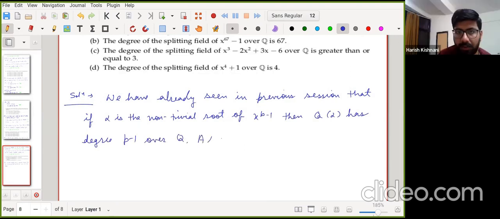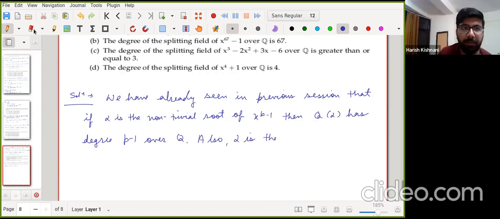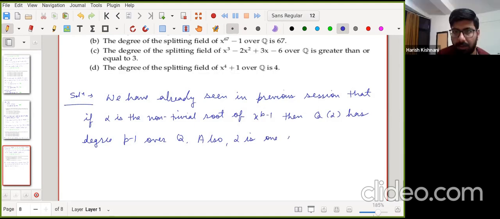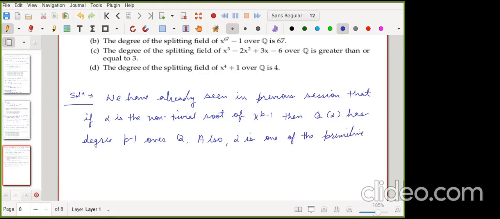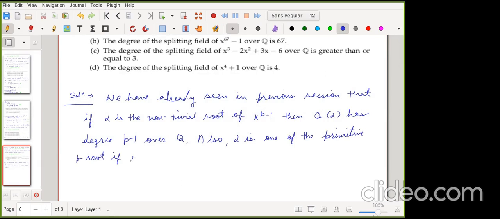Also, this alpha is one of the primitive roots, if alpha is not equal to 1.